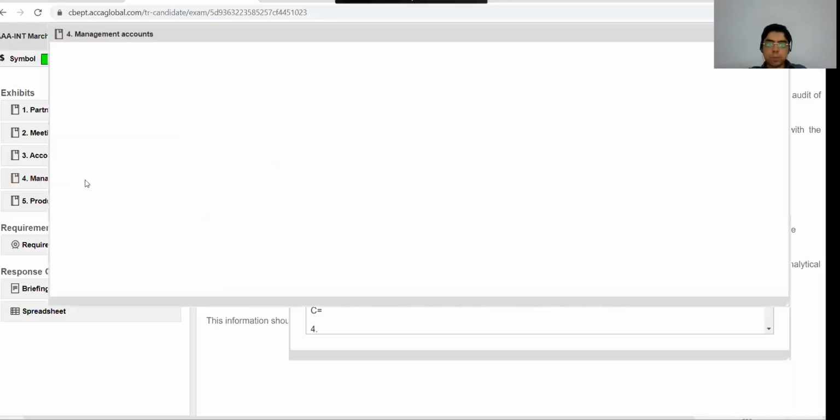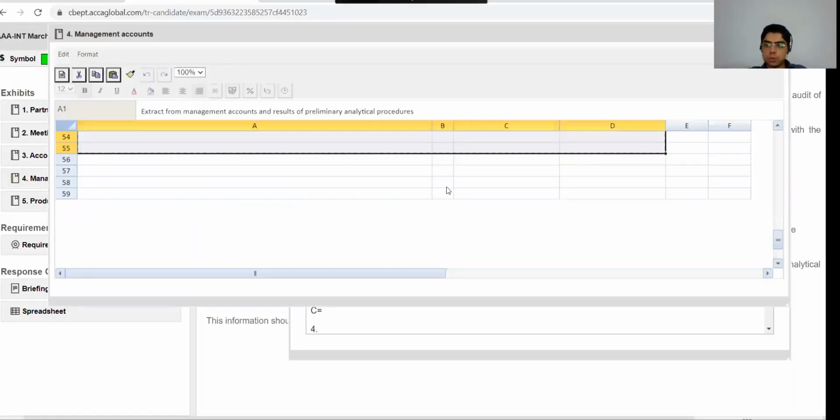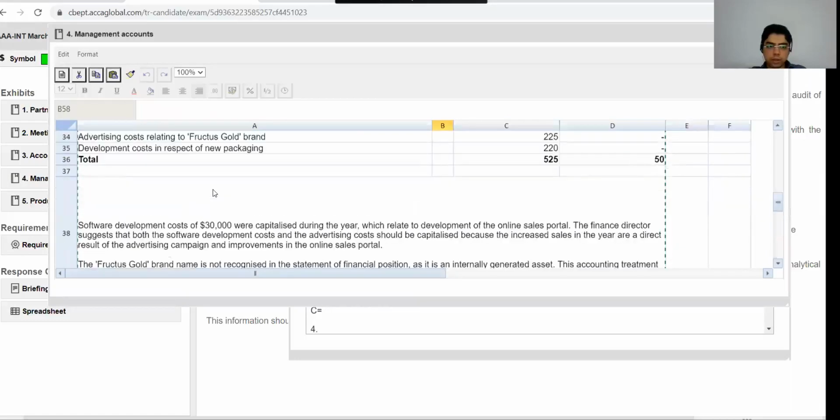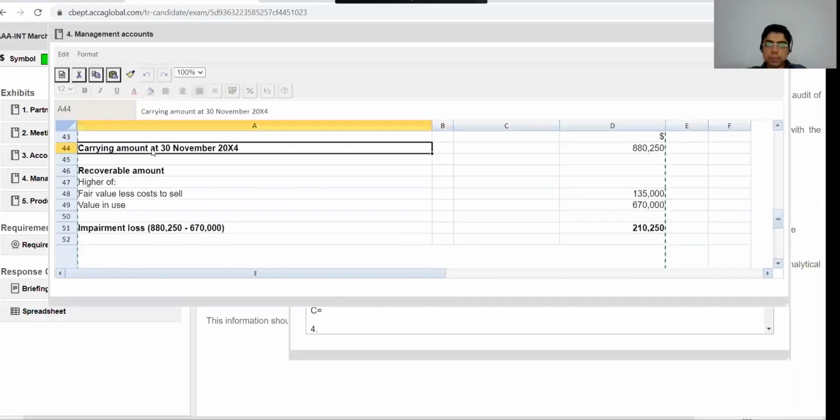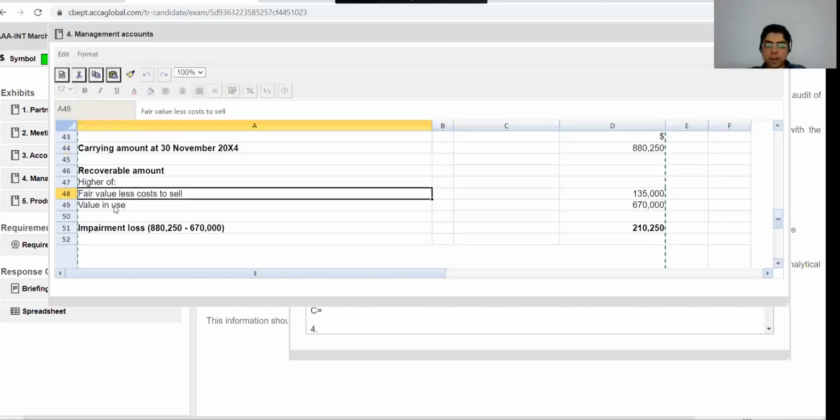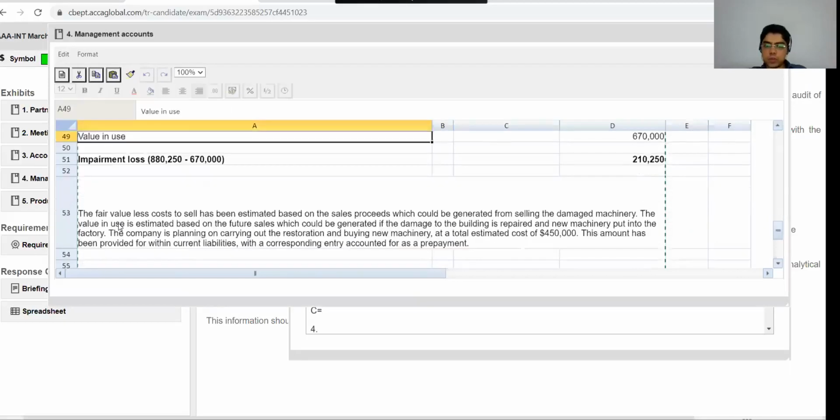Then, if you look at the management accounts, you were told the carrying amount, then there was some fair valuation and value in use.